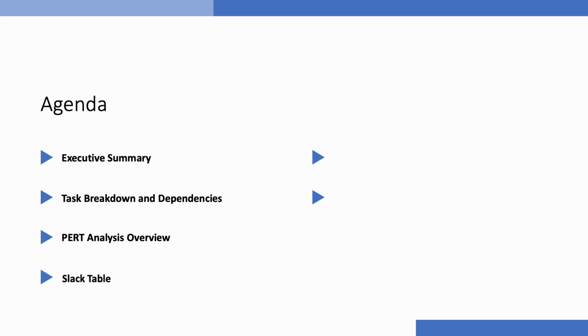Following that, we'll show you the Slack table and explain how it helps us to identify tasks with flexible timelines. Finally, we'll conclude with our network diagram and critical path and discuss how it impacts the project's success. And then our conclusion.